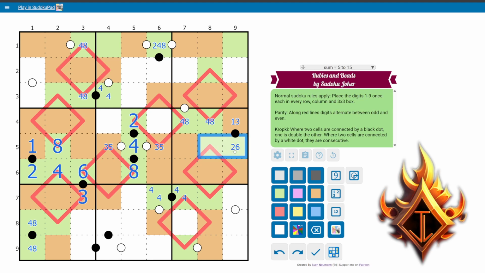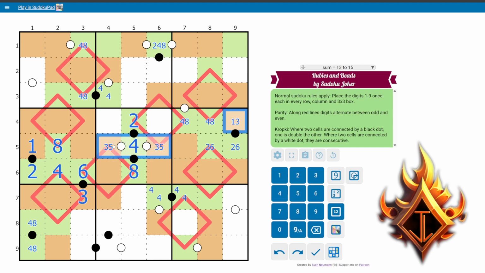A 2 is over here with 6. That could be 2, 1, 6, 3. This can't be 3 though, because 3 would be here and it cannot go down there. So this one is 1. This one does become 2, putting a 6 there.